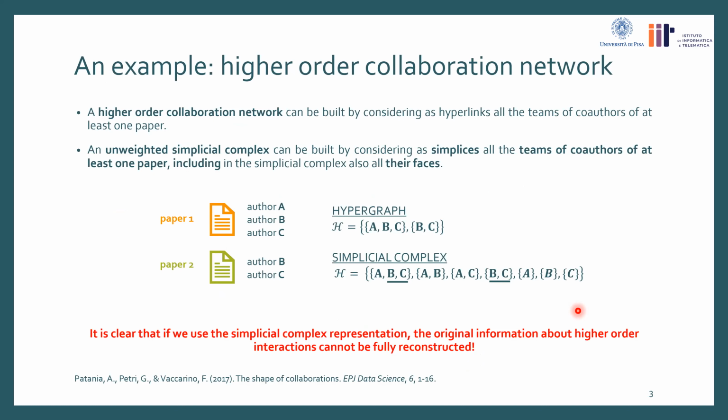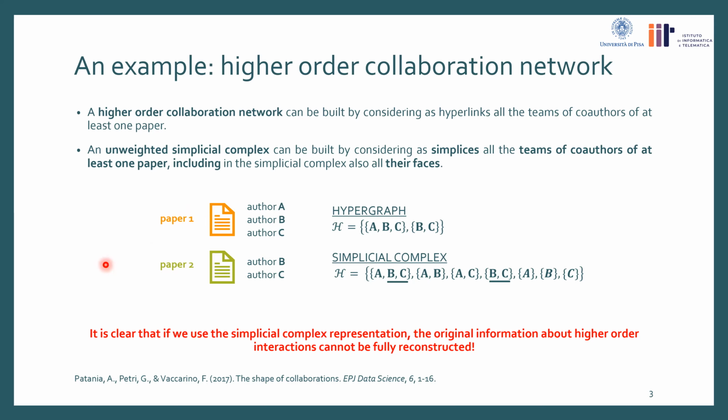Now, in this slide, I want to show you that the simplicial complex representation can be slightly less general than the generic hypergraph. And why is that? Because, for example, if you consider this toy example coming from the area of collaboration networks. Suppose you want to consider a collaboration network referring to two papers whose authors are respectively listed here.